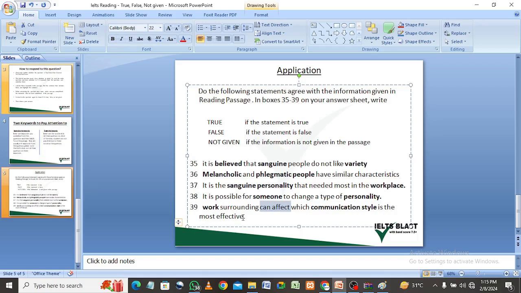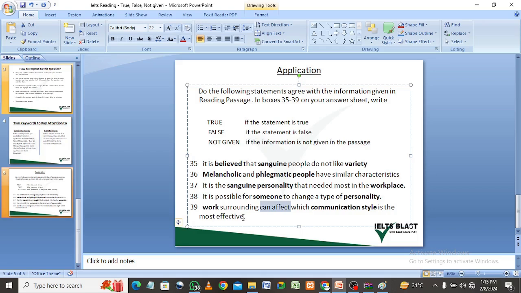Can affect and mostly or most effective. These are the target keywords. So the scanning keywords in this 39 are work, communication style. Now, knowing your target keyword and your scanning keyword makes the question easy for you to answer.